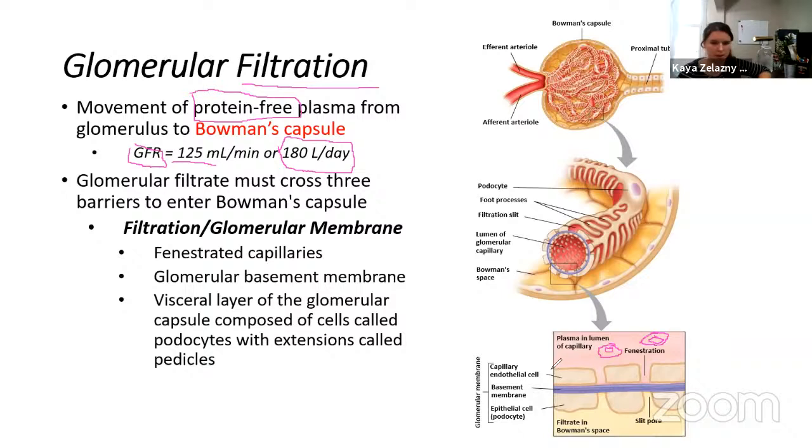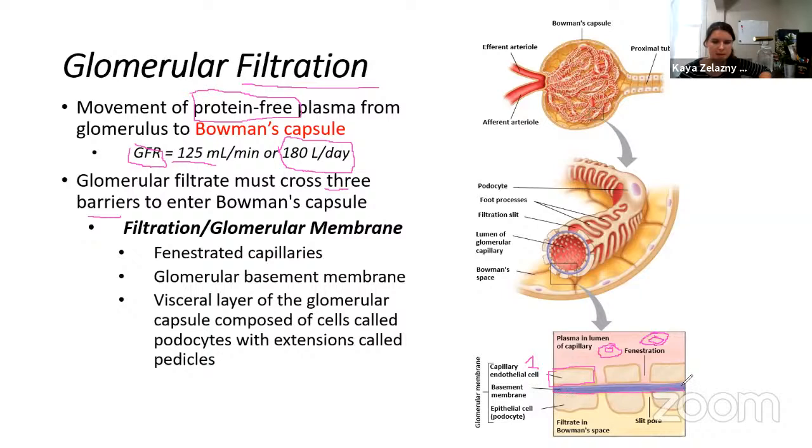Like every capillary, it has a cell layer that makes up the capillary walls. So we have our capillary endothelial cells. So we have 3 barriers. One of those is the capillary endothelial cells. Then we have this basement membrane.